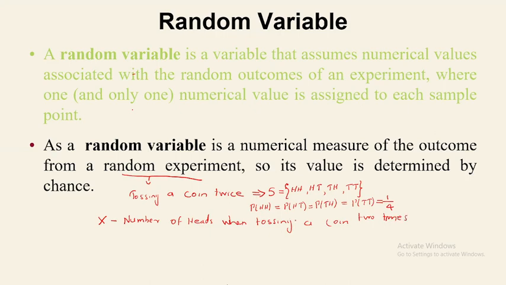So now, can anyone tell what are the possible values for x? Now we are defining x as the number of heads that turn up when tossing a coin 2 times. What are the possible values for x?